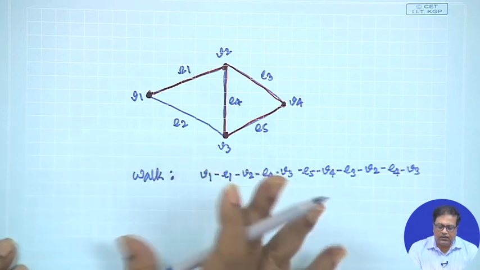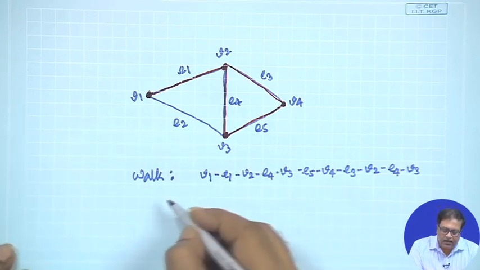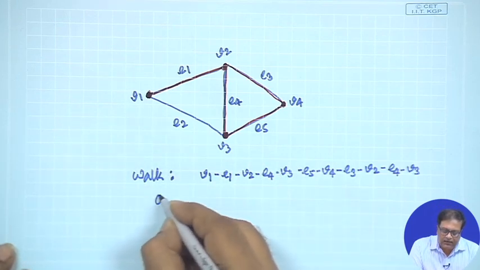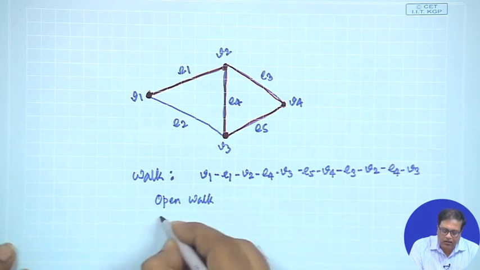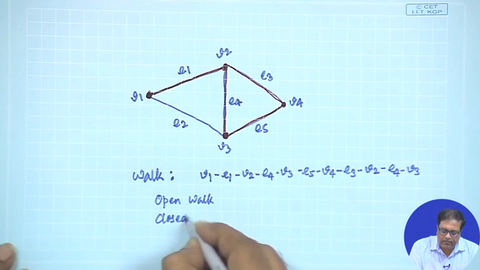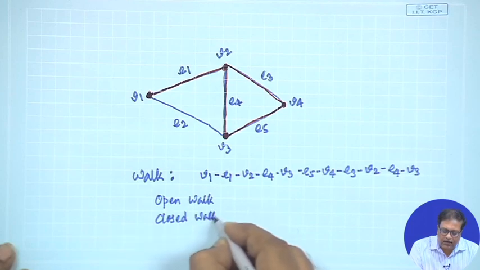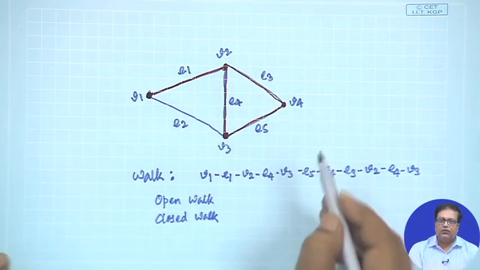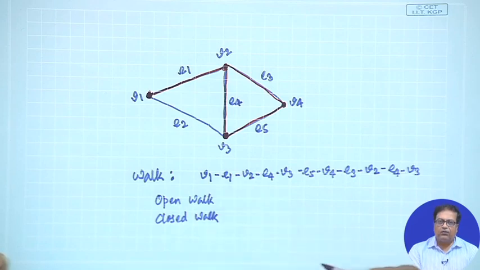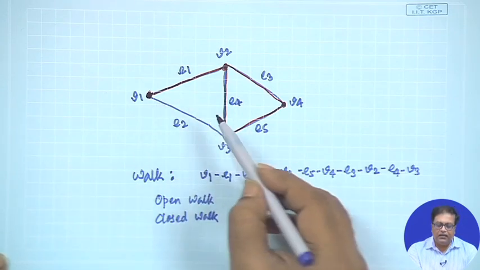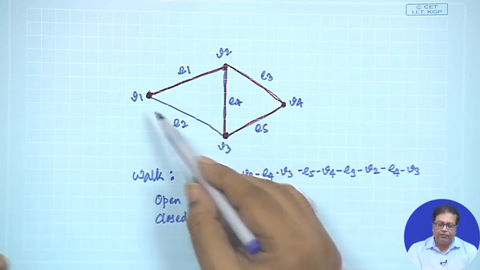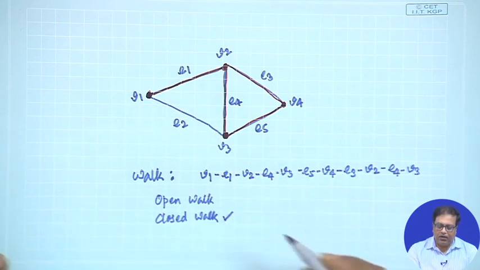It is the most general concept, but there are two kinds of walk: open walk and closed walk. The kind of walk that we have taken just now, is it an open walk or a closed walk? If the starting vertex and the ending vertex are the same, then it is a closed walk.